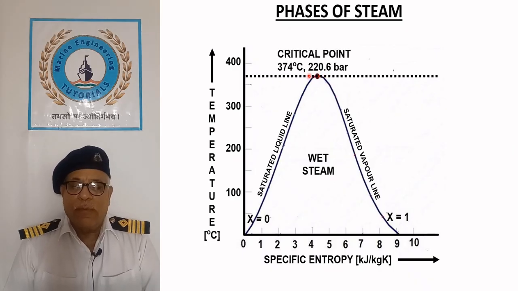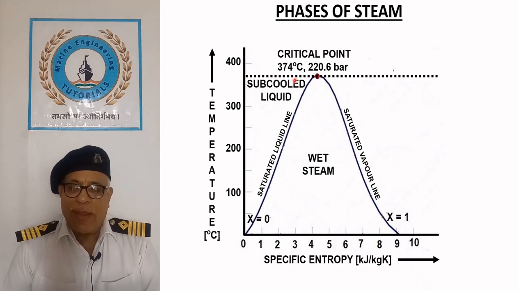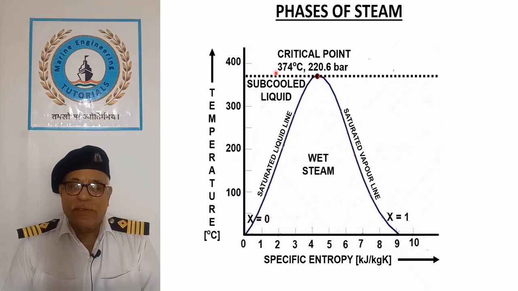The tip of the curve represents the critical point, which corresponds to a temperature of 374 degrees Celsius at a pressure of 220.6 bar. Below the critical point line, water exists as a subcooled liquid to the left of the saturated liquid line.